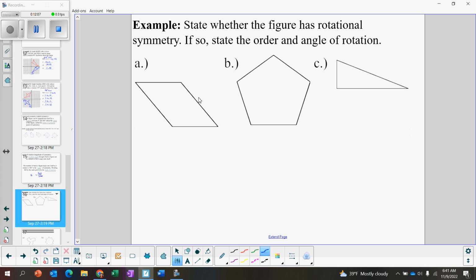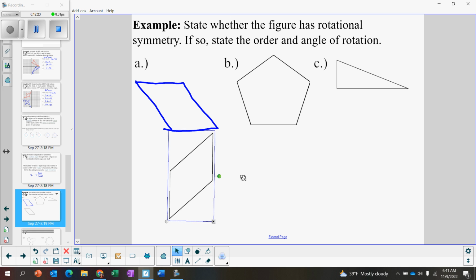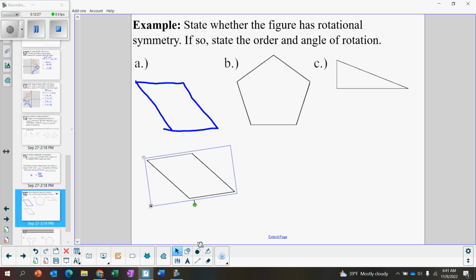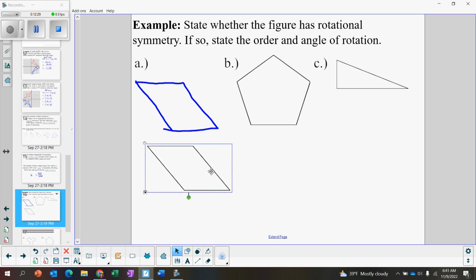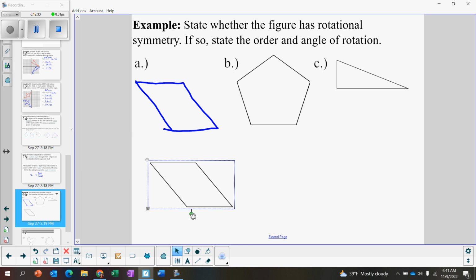So for these problems, I'm going to trace this out, and I'm going to look at all the times that my figure, as it rotates, looks like the one that was originally there. If I start rotating, that doesn't look like my original picture yet. It's kind of backwards. But right there, it's the original picture. So that's 1 time so far, and I'm not back in my original position yet.